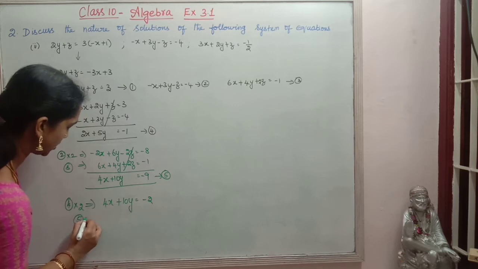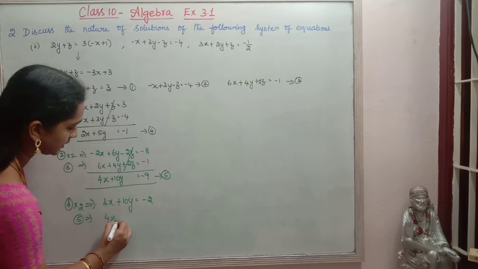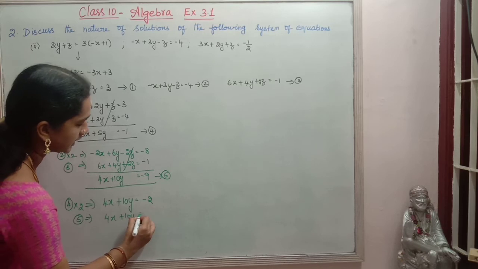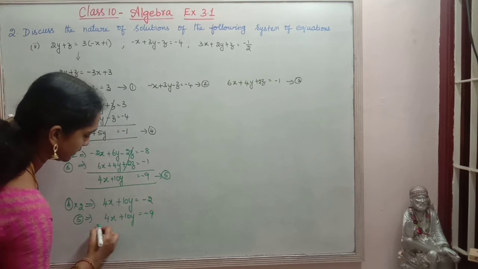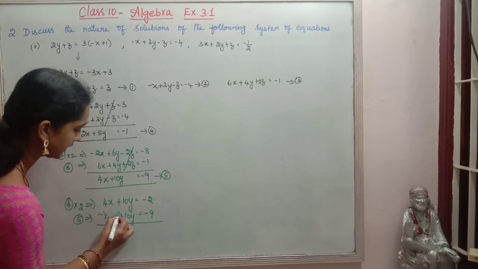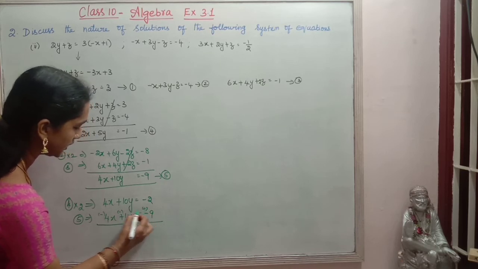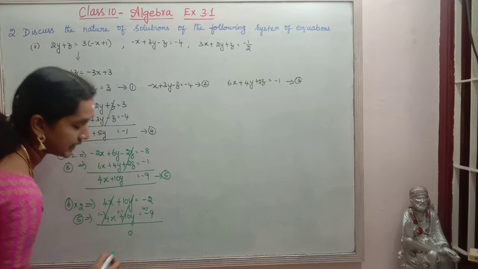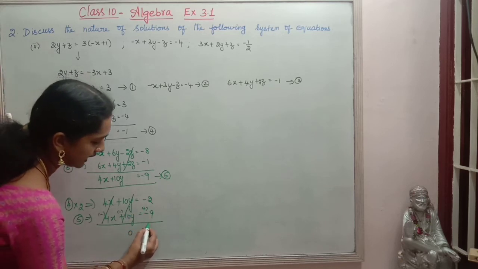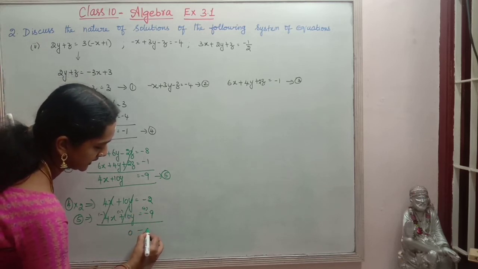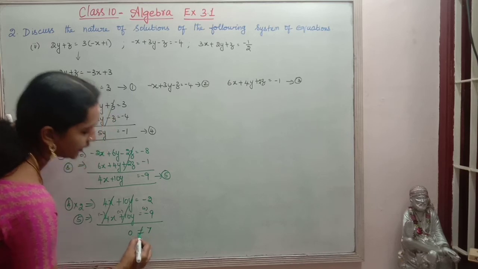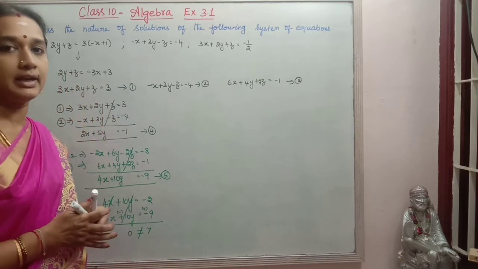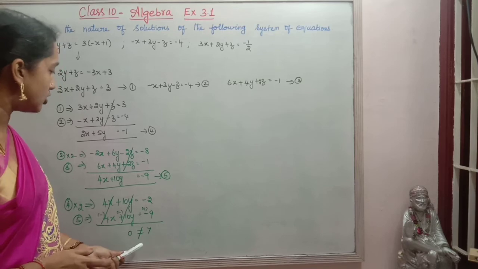Then fifth equation is 4x plus 10y is equal to minus 9. So if I subtract this, x and y values will get cancelled. I will get 0 here, then on the other side I will get 7. So 0 not equal to 7 I am getting.